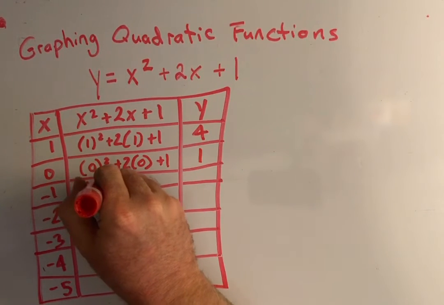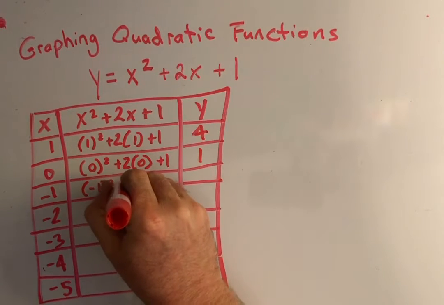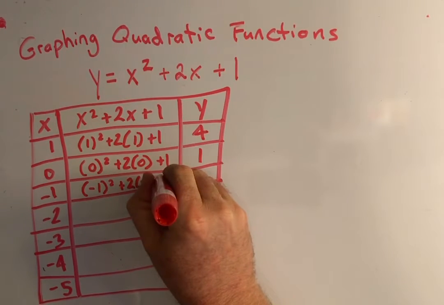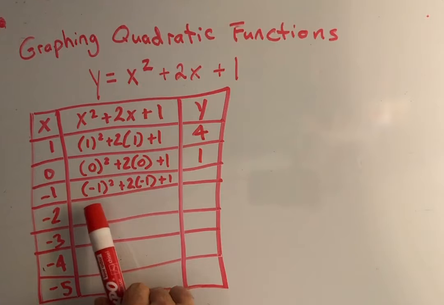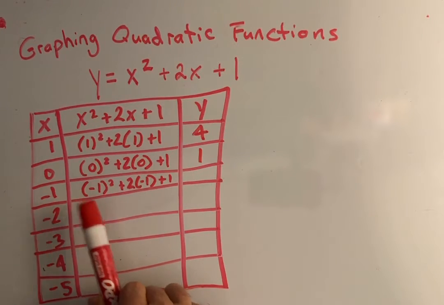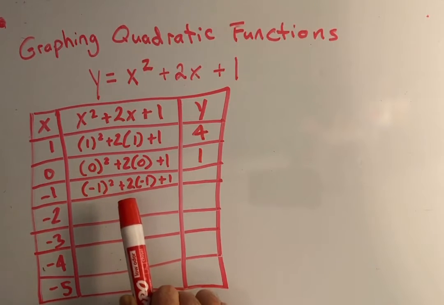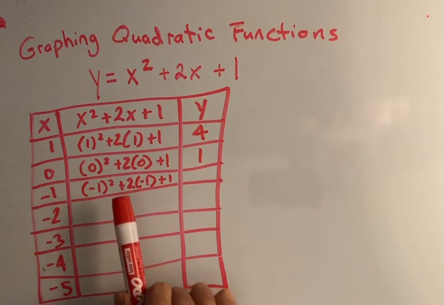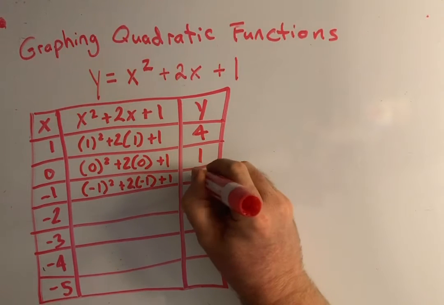So I have -1 squared plus 2 times -1 plus 1. -1 squared is 1 because it's -1 times -1. Plus 2 times -1 is -2. So 1 minus 2 is -1. -1 plus 1 is 0.